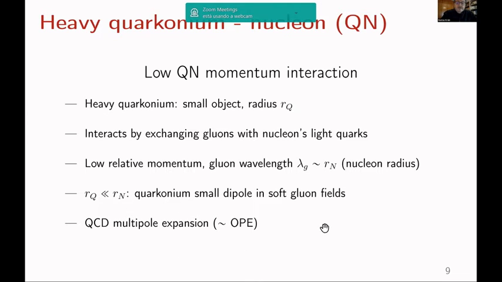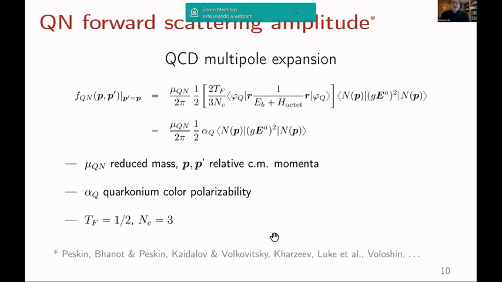And if this picture is valid, you can use what is called the multipole expansion in QCD, similar to the multipole expansion in electrodynamics, electromagnetism. You can express it in the language of the OPE, the operator product expansion. So why is that helpful?